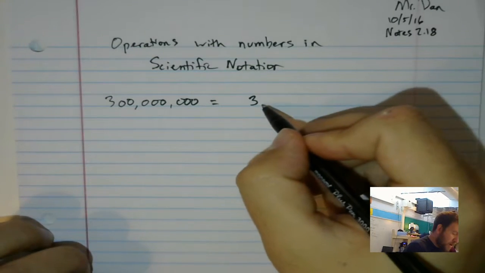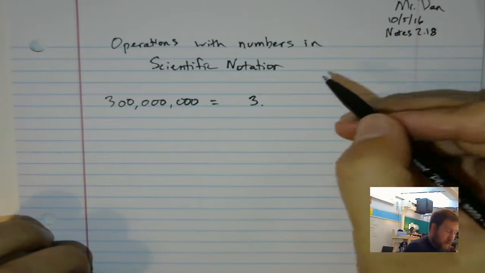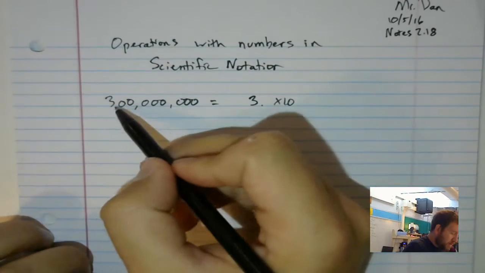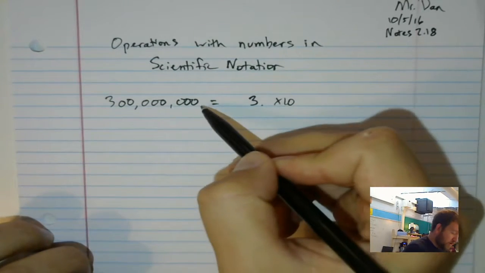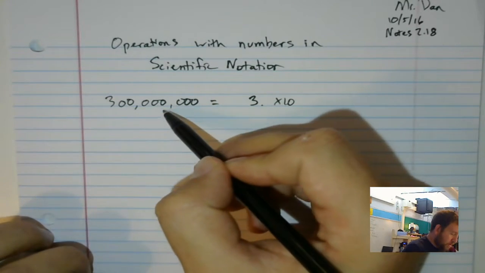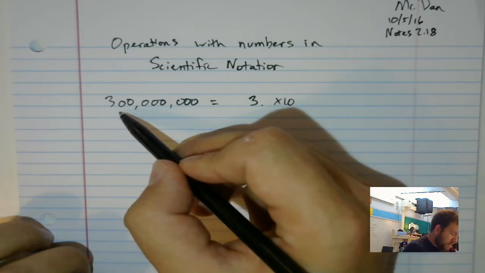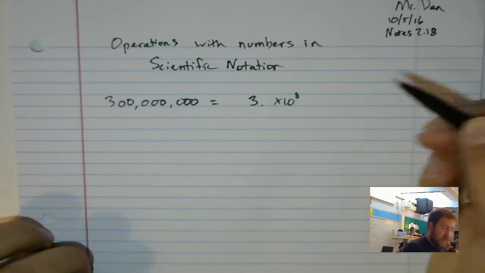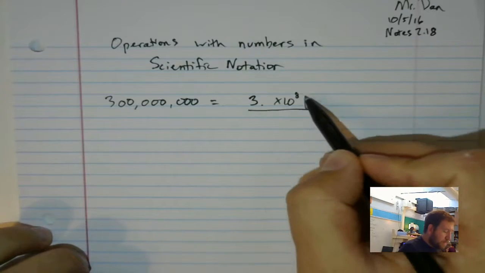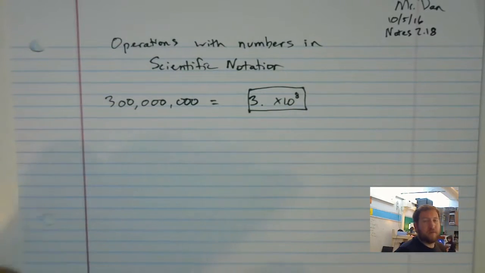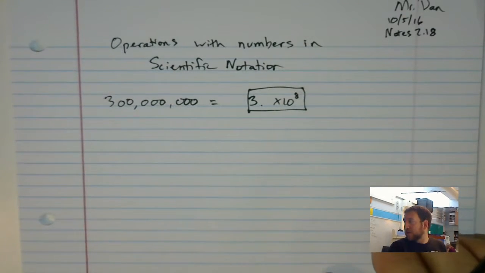I can just write 3 times 10 to the, let's see how many decimal places I moved it over. 1, 2, 3, 4, 5, 6, 7, 8. 3 times 10 to the 8th. And by writing this, remember, it's much easier than writing it with the full number. Let me make sure I have it all lined up.